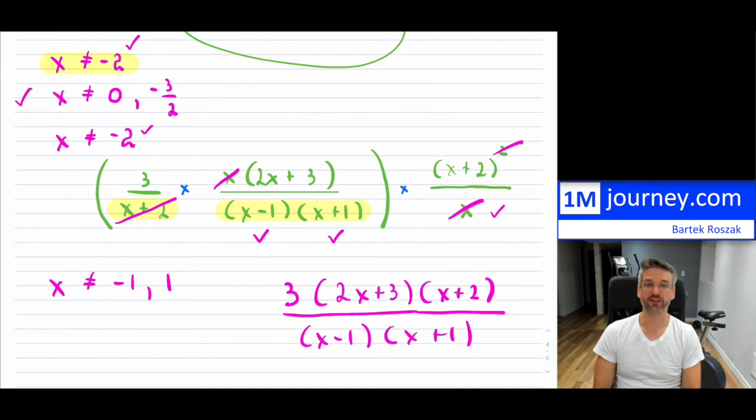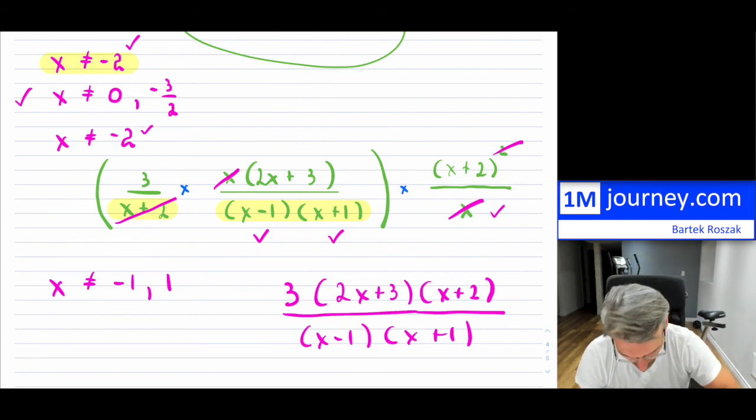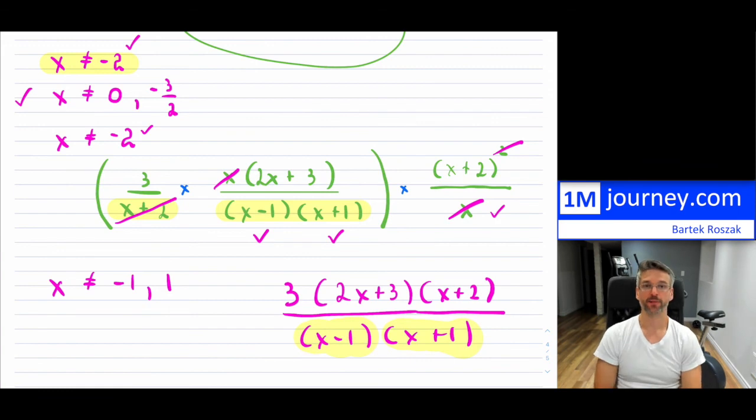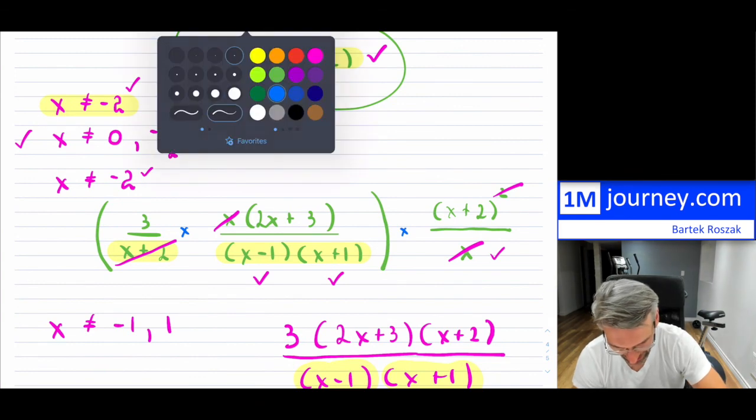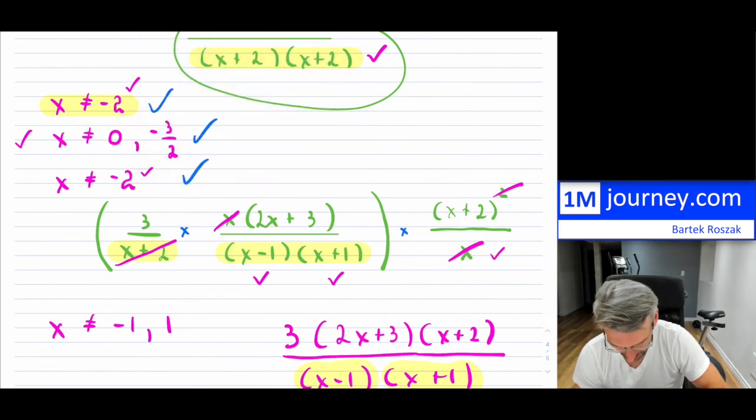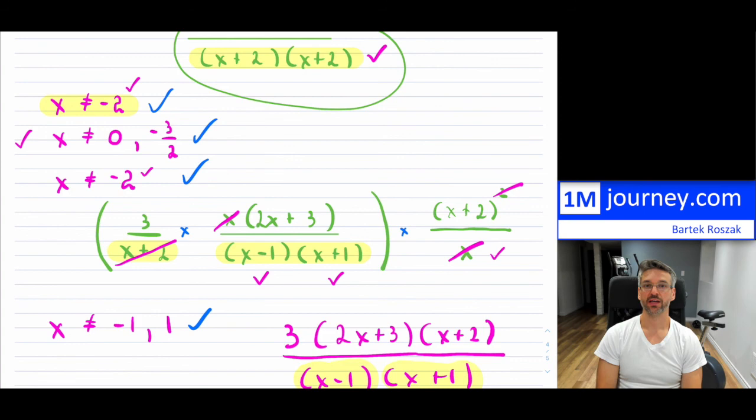Now notice, if you simplified this entire thing, you would be fooled to think that the only restrictions are these, right? Because those are the only ones remaining in the denominator. But look how many restrictions you actually had from going through the steps. And this is really, really important and something that I know I kind of missed when I was in high school.